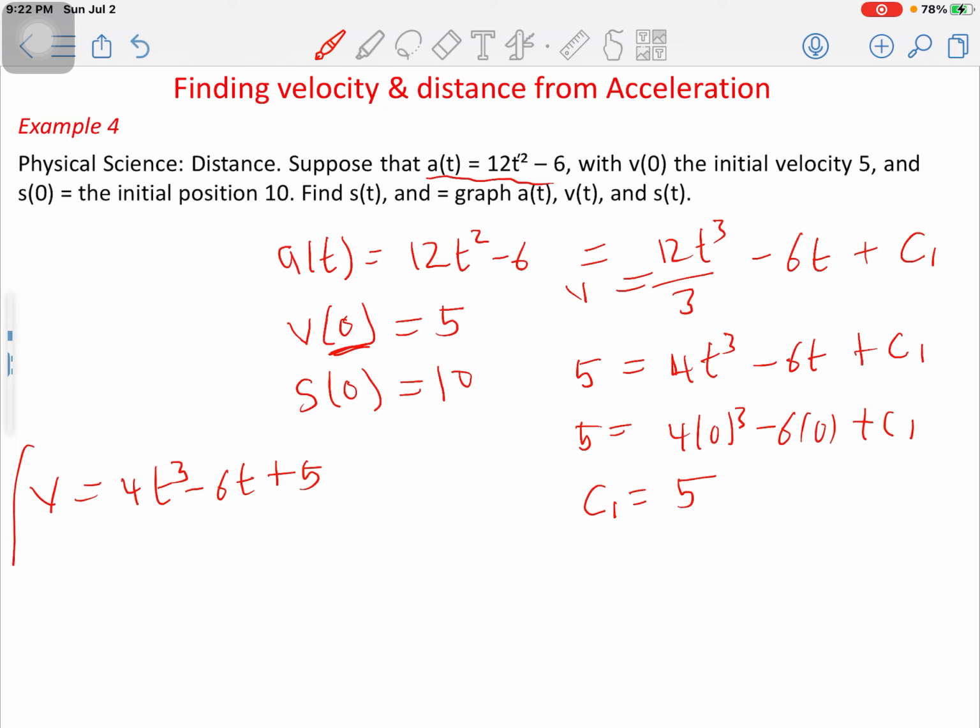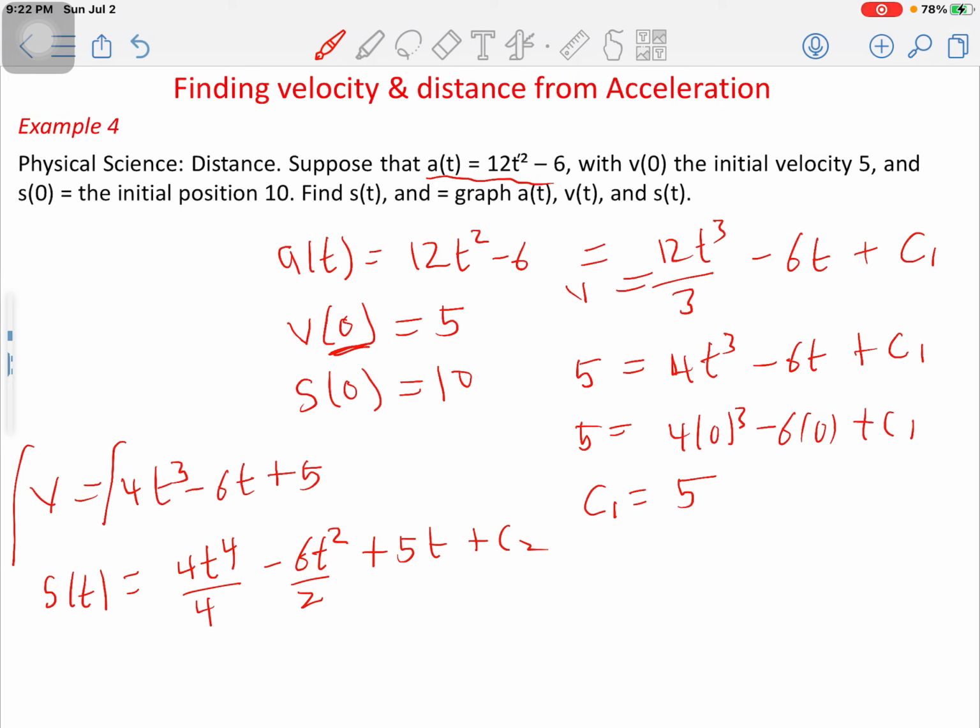When we integrate both sides, we are going to get s of t equal to 4t power 4 over 4 minus 6t squared over 2 plus 5t. And don't forget our arbitrary constant of integration, which is plus c2.